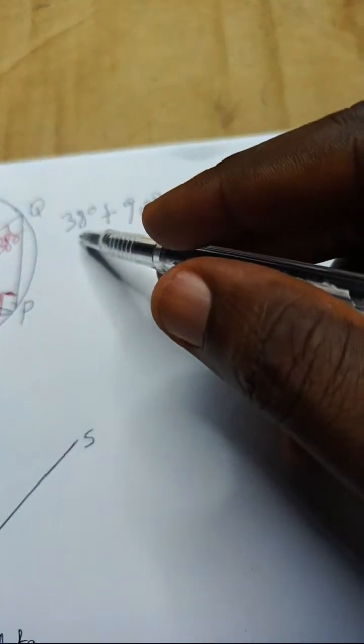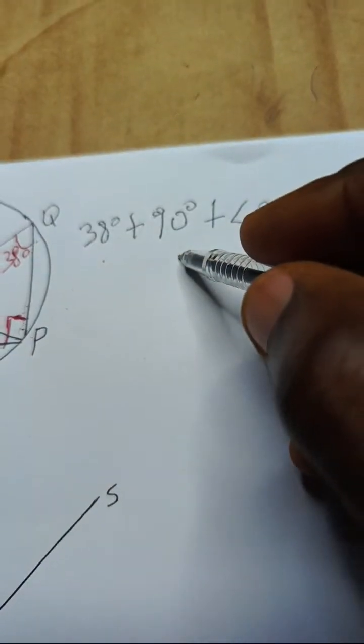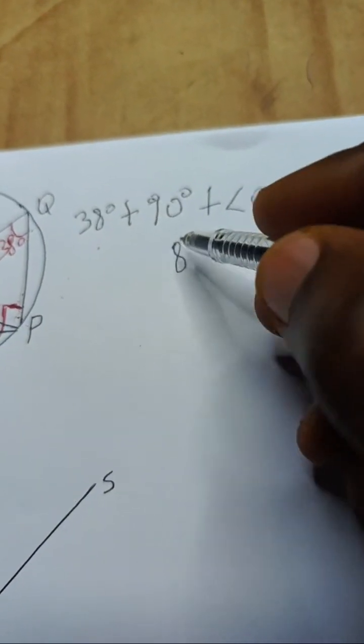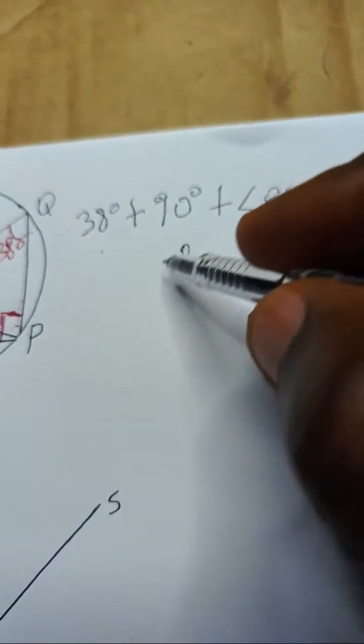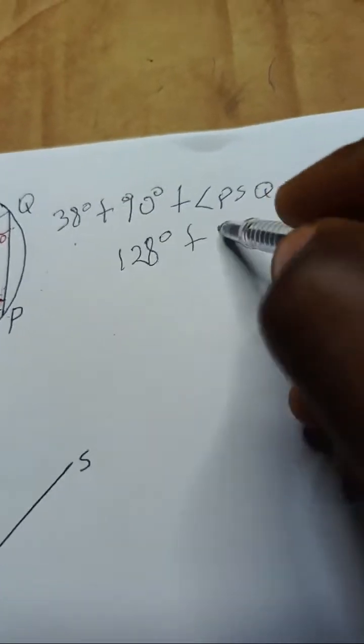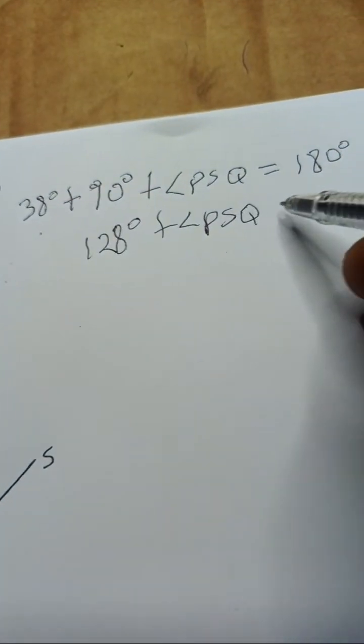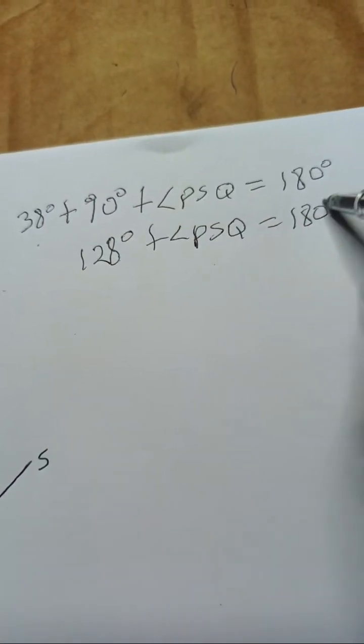So 38 plus 90, what will it give us? That will be 128 degrees. Plus angle PSQ must give us 180 degrees.